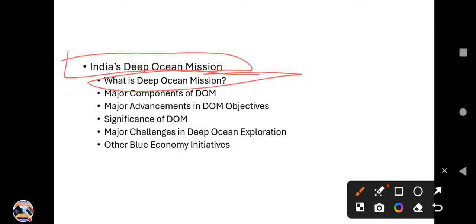Major components of Deep Ocean Mission. We can define the major components through various pillars: technology, mineral exploration, climate services, and ocean biodiversity. So these are the four pillars that define the major components of the Deep Ocean Mission. Okay, so we can take a fresh page.